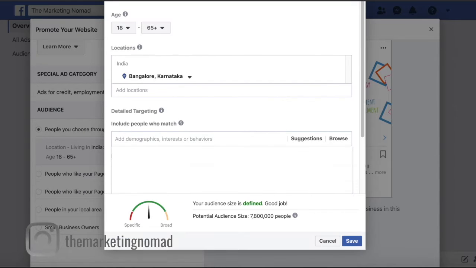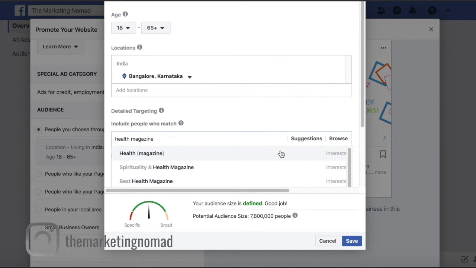If I take a minute and think about the audience for people who will subscribe for this keto meal kit, it would be people who are health conscious, obviously. So let's go to Health Magazine, because I'm pretty sure they will be subscribing to one or two of the health magazines.